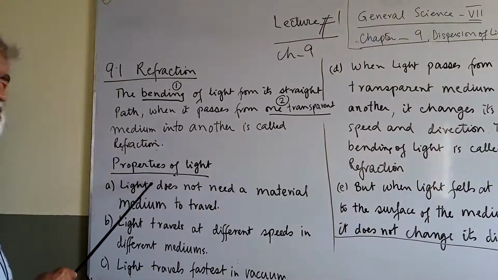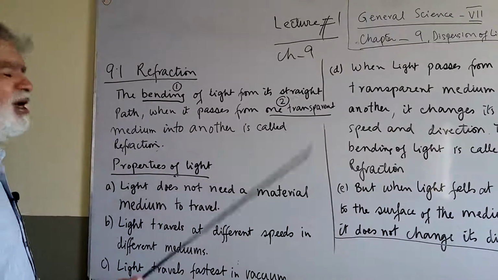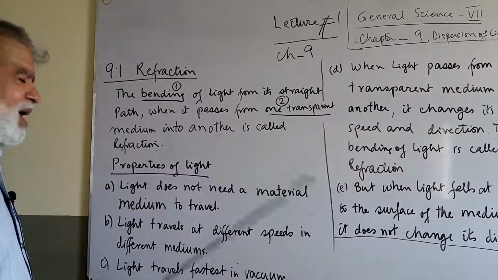So the first property of light is that light does not need a material medium. इसके बगैर भी हो जाती है.